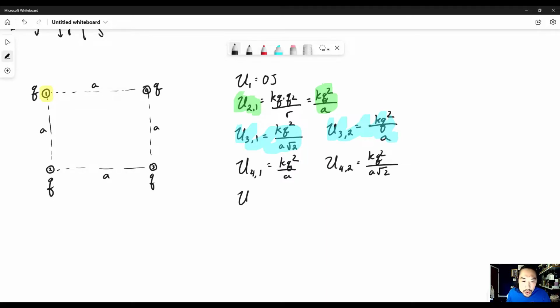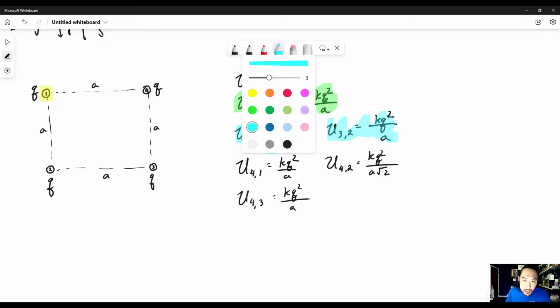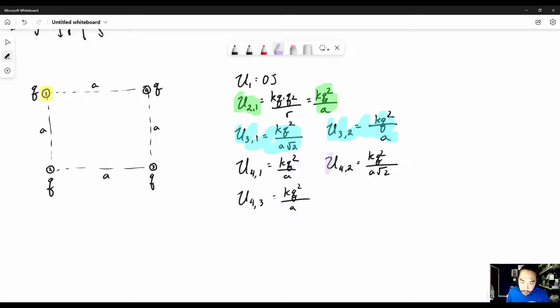We have charge 4 being brought against charge 3. That is not a diagonal one, but one where the distance between is A. All right. And let's use purple for this one. That will be all for charge 4.